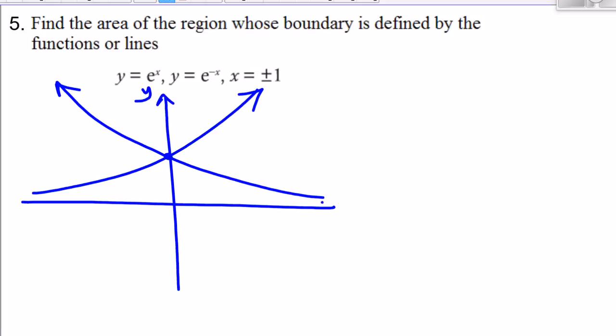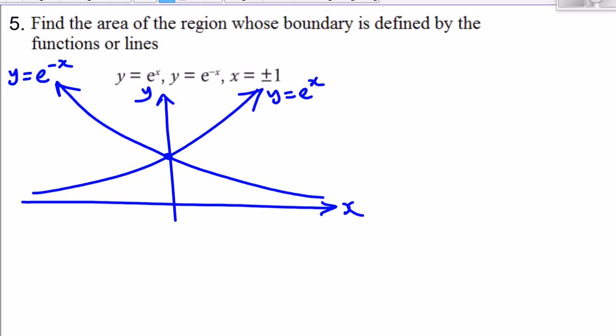That's y, that's x. This one will be y is equal to e to the power x. y is equal to e to the power negative x. The other boundary is x is plus or minus 1.